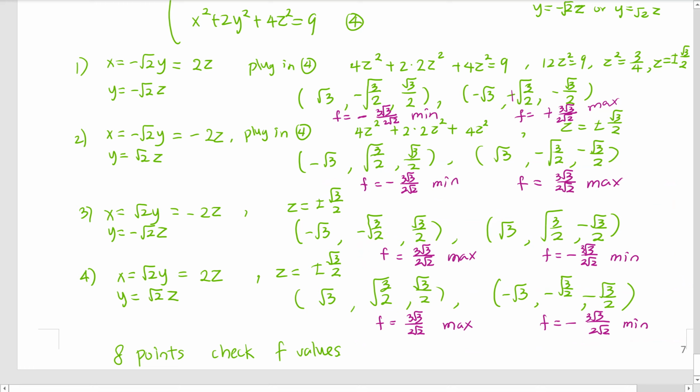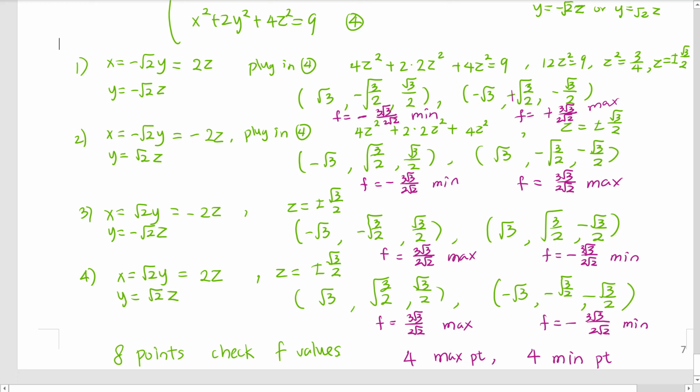So we get 4 points where f achieves maximum values, and we have 4 points where f achieves minimum values. I hope you like this example.